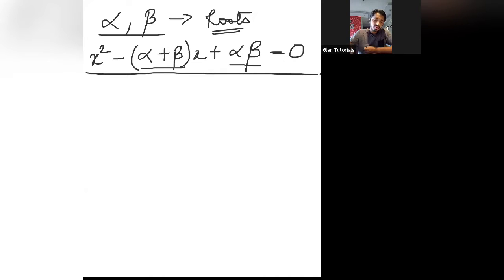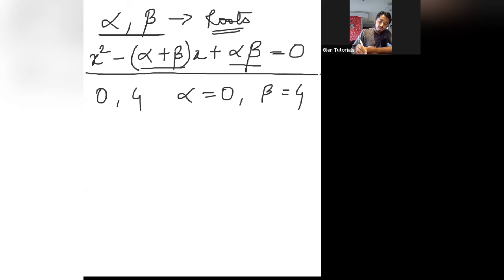So suppose they'll give you an example. The roots of the equation are 0 and 4. Find the quadratic equation. So here alpha will be equal to 0, the first term is always alpha, and beta is equal to 4. Substitute in your equation. What is the equation? X square minus alpha plus beta into x plus alpha beta.